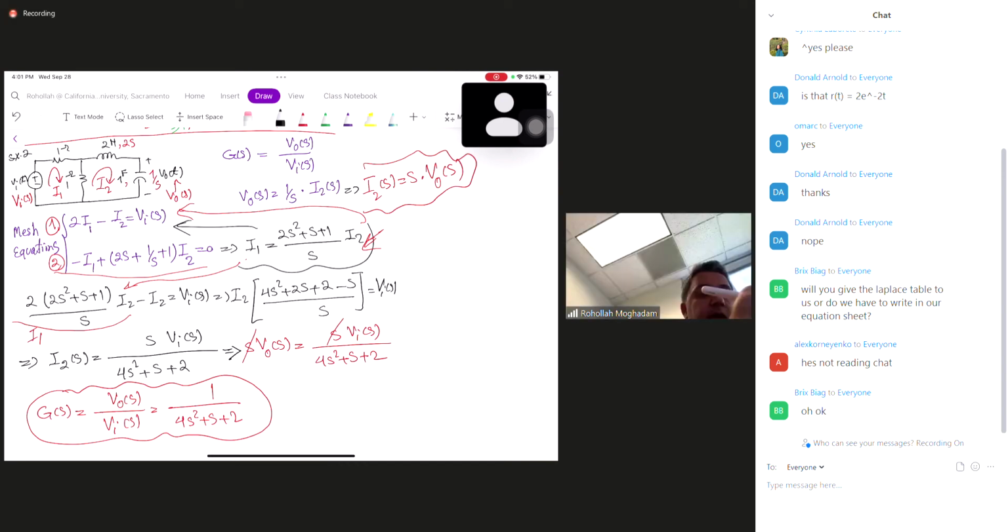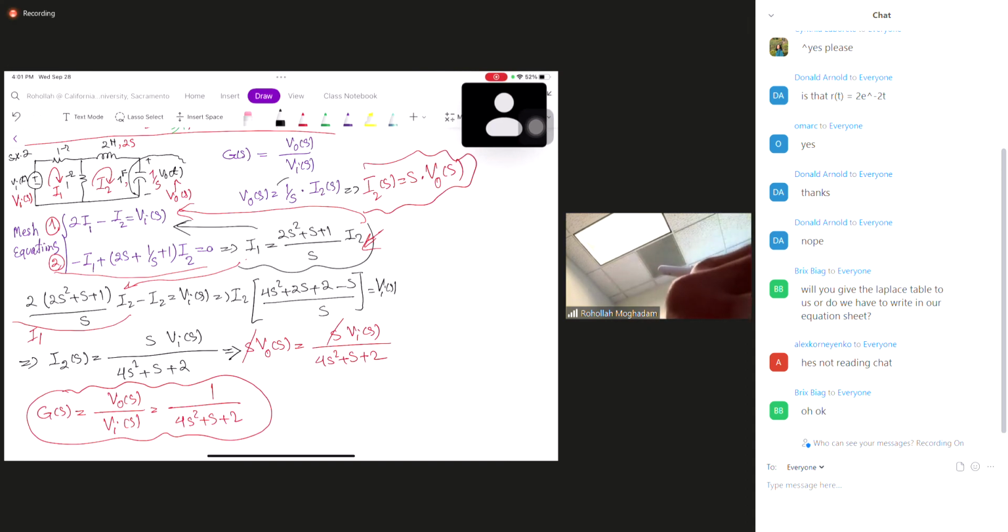Okay, if you take a look here, we have a resistor and a capacitor, and the voltage across the capacitor is VO of s in the frequency domain, and the current going into the capacitor is I2 of s.